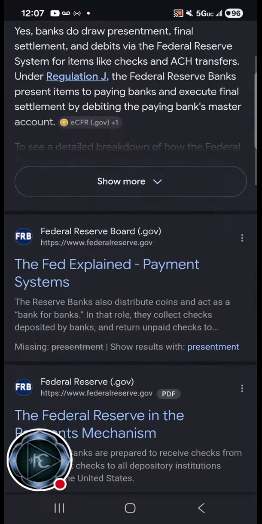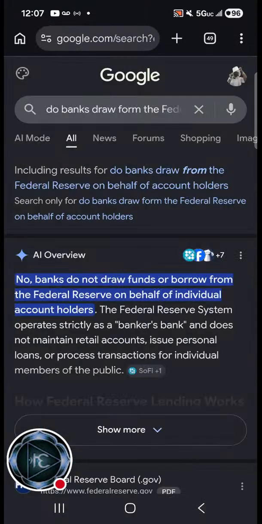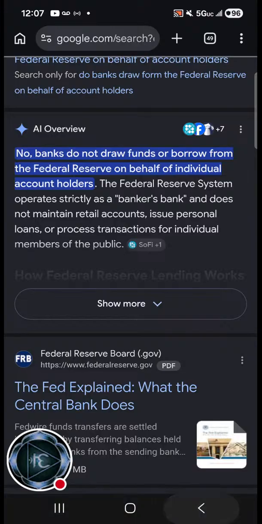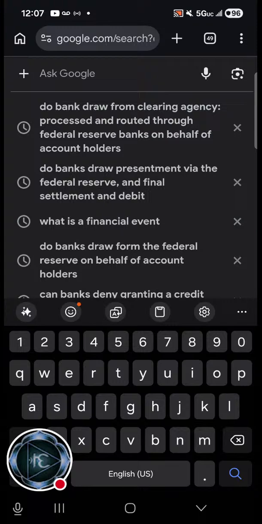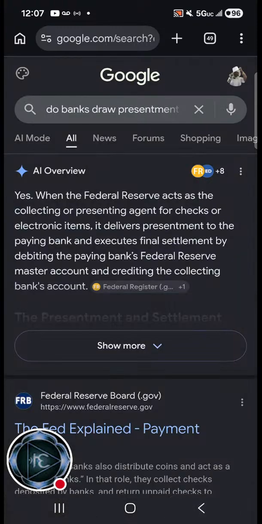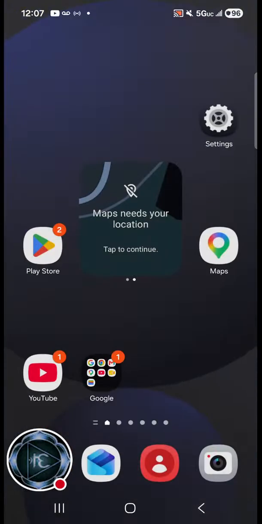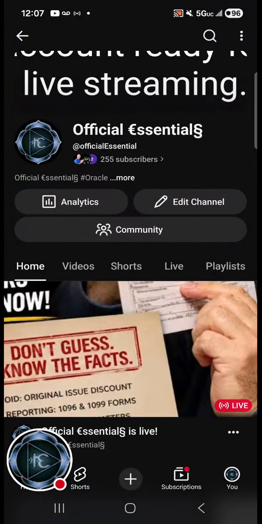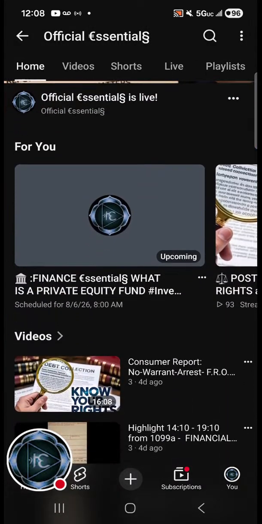Here, you see right here, it says the Fed explain payment system, okay? I don't want to get into that because people who are wanting to do stuff like that have a lack of understanding that you need to have credentials to do that. All right, you need credentials, you need documentation that you have some type of financial institution in place, and they need to have a record that you're allowed to do that.